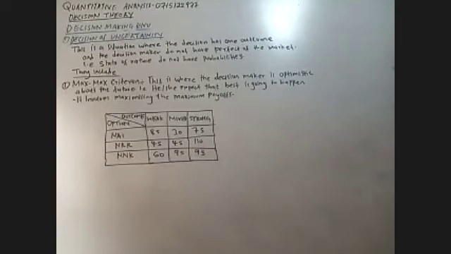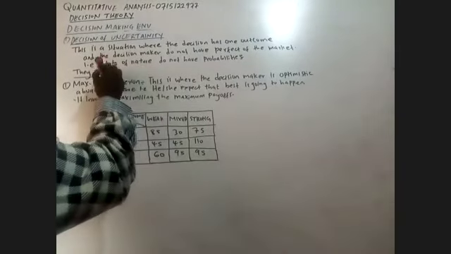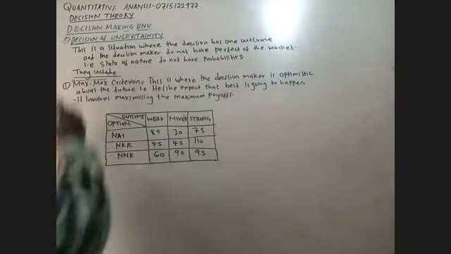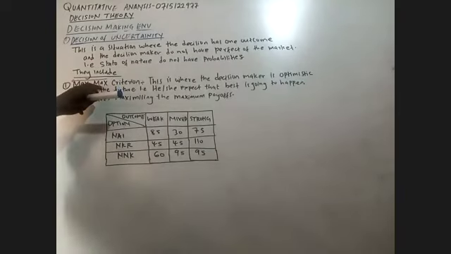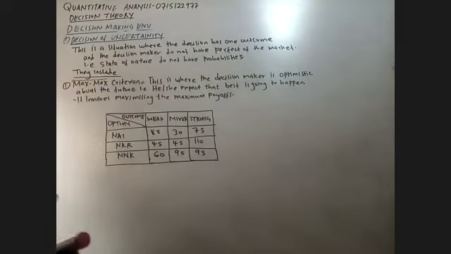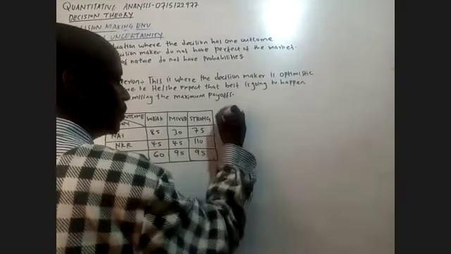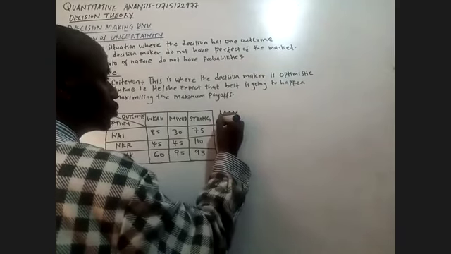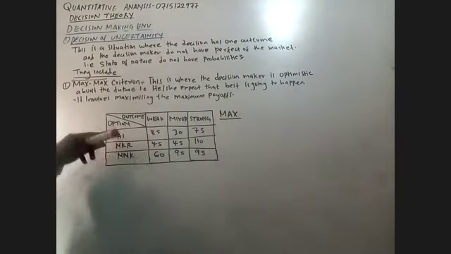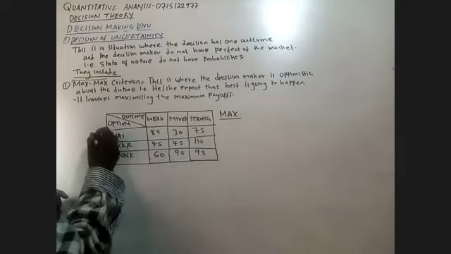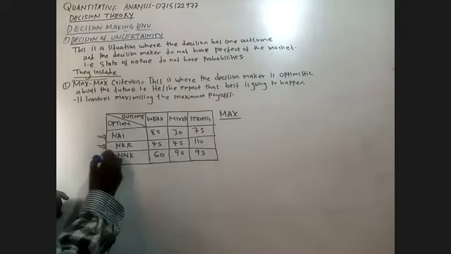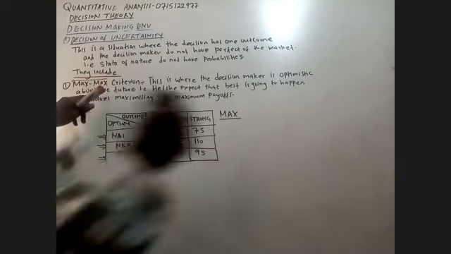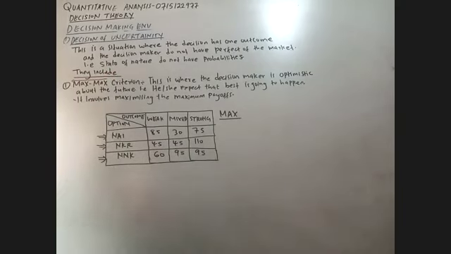Now for you to do this question, tumesema you maximize the maximum payoff. So now from your right to the left, you choose maximum, then maximum. So for Nai, which one is the maximum?